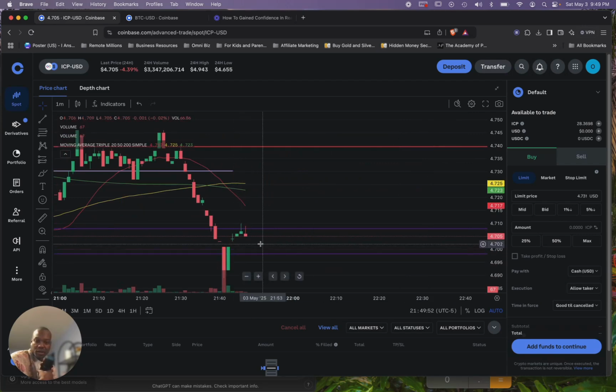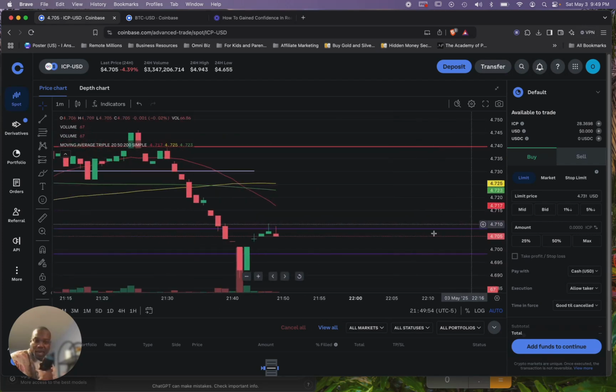It opened above, and now they're back playing in between these: low 470, high 470. So, anyways, just wanted to share that real quick to add it in here. All right.